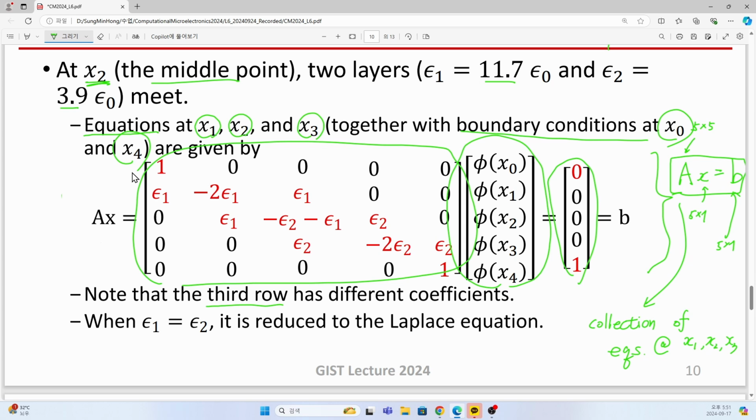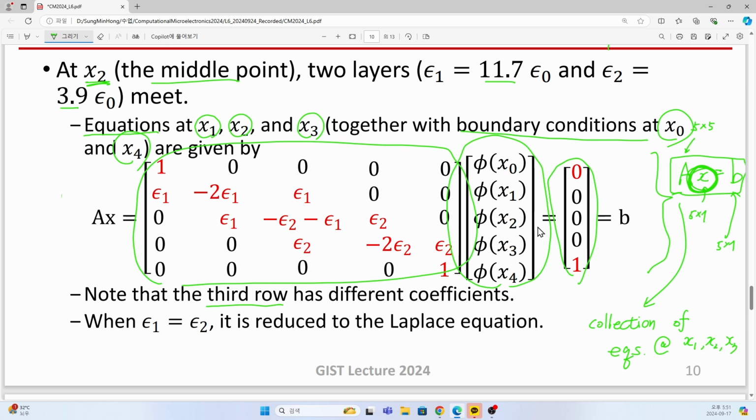So by solving this equation, we will get the unknown variable which satisfies our Poisson equation at every point inside our domain. That is the key.